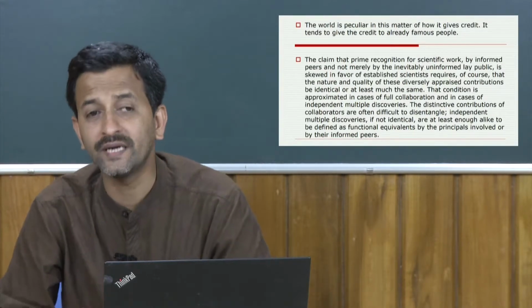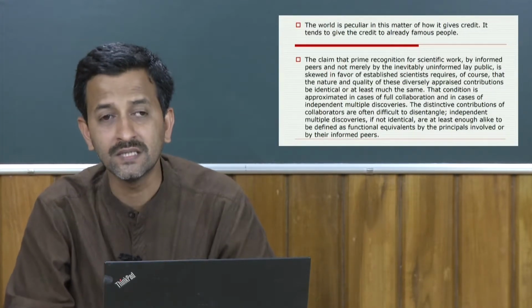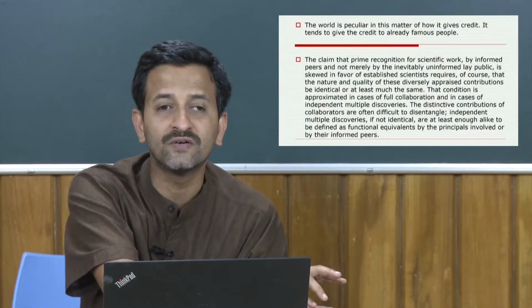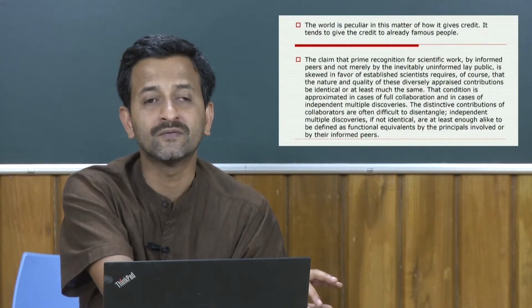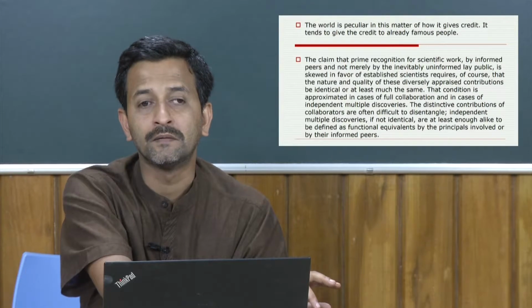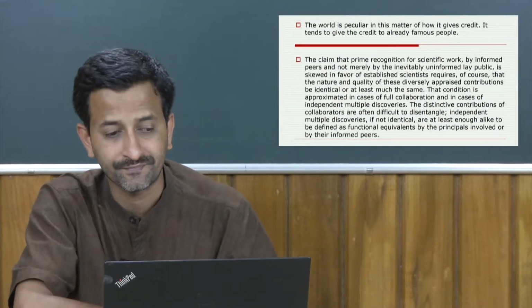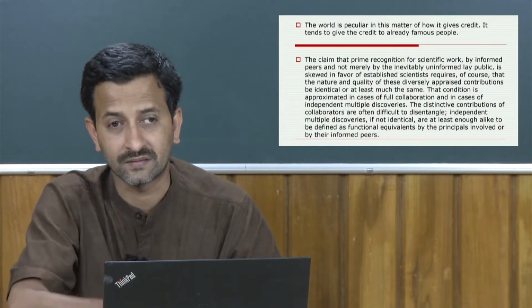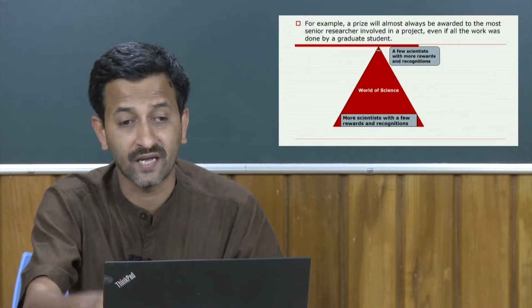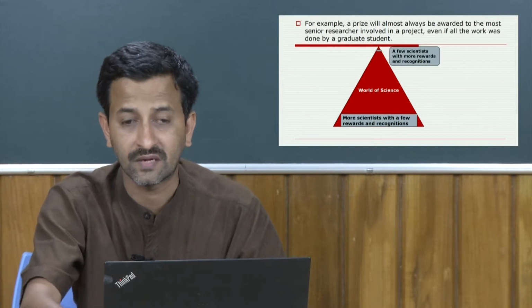At least now, independent multiple discoveries have been attributed to the controversies between Newton and Leibniz. It is very important. Such inequality persists in the world of science itself, as we have discussed in this slide.